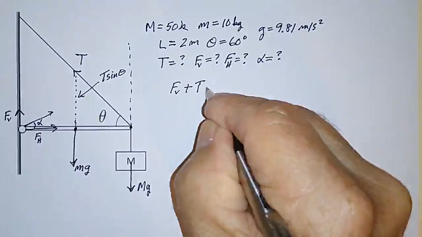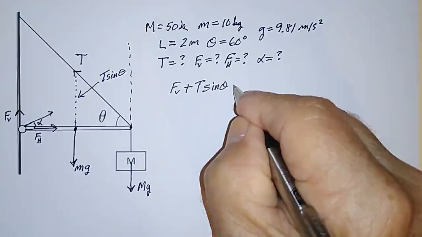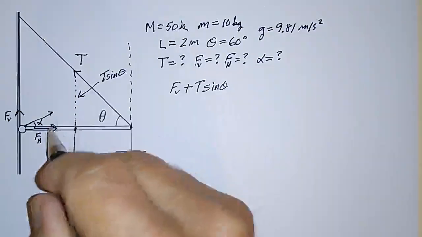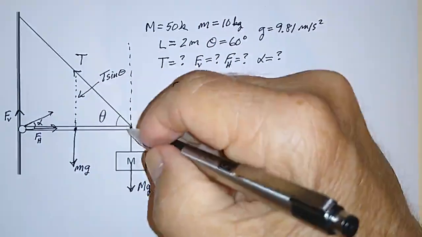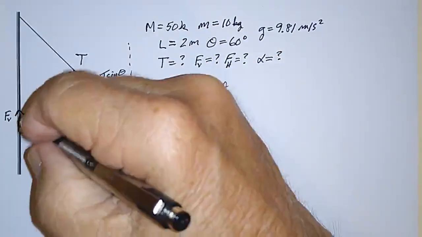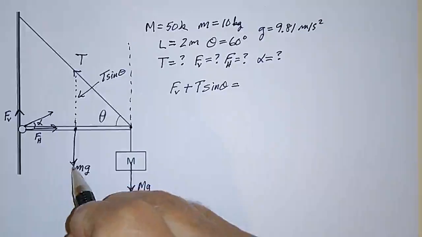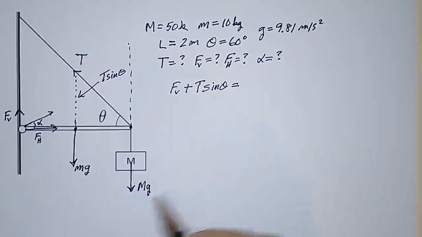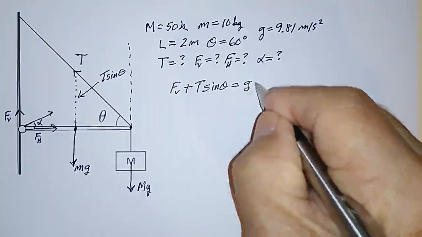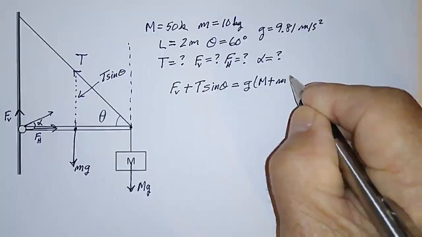So F sub V plus T sine theta are the upward forces. That's the only ones we have. This one, which acts at this point, and this one. And those have to be equal to the downward forces, which are just little mg plus big Mg. And we could write that as g times big M plus little m.